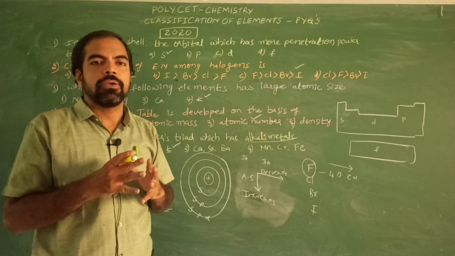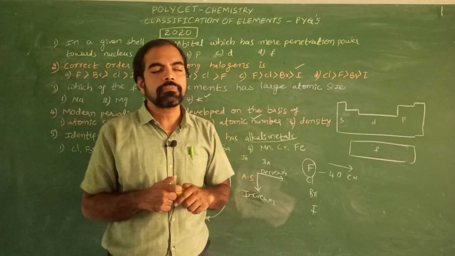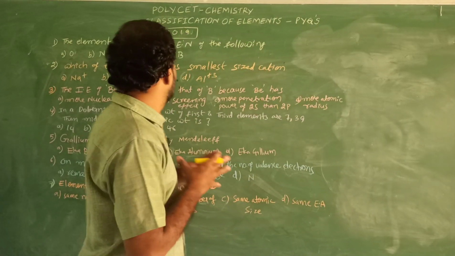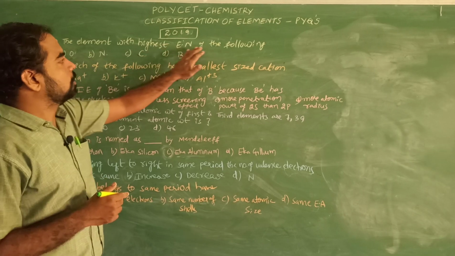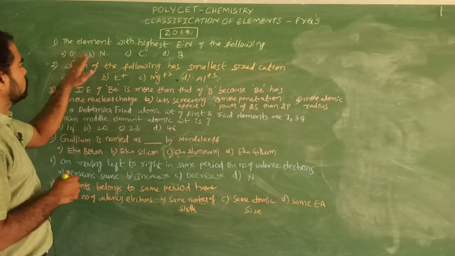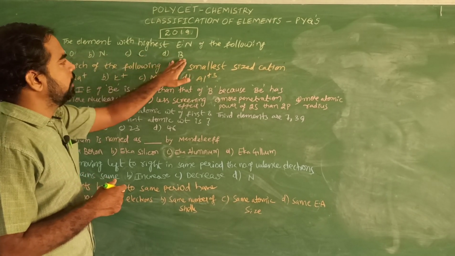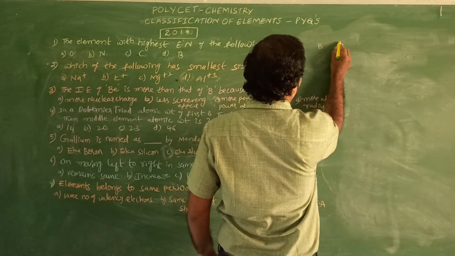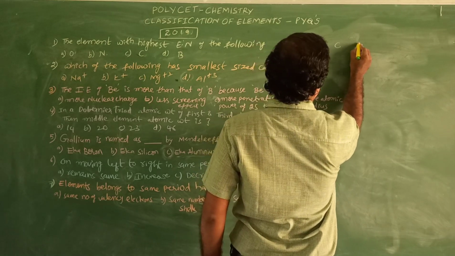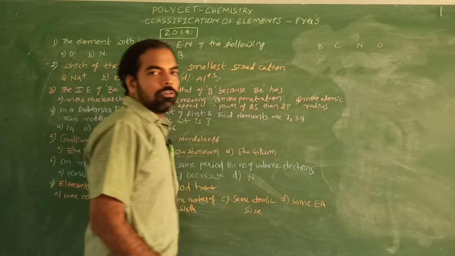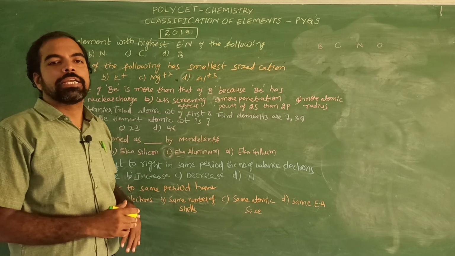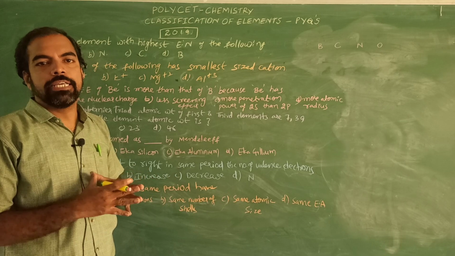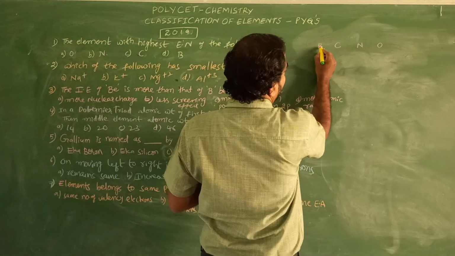Okay students? Okay. Next. Students, in 2019, 7 questions were asked. Let us see. The element with highest electronegativity of the following. The options are oxygen, nitrogen, carbon and boron. We know along the period electronegativity increases left to right, whereas down the group electronegativity decreases.